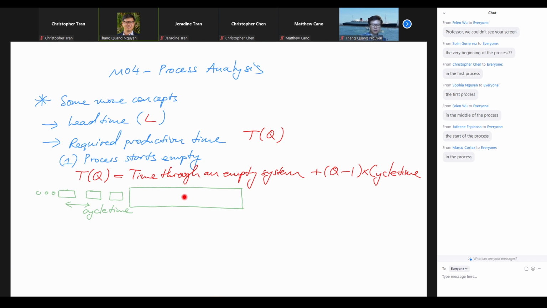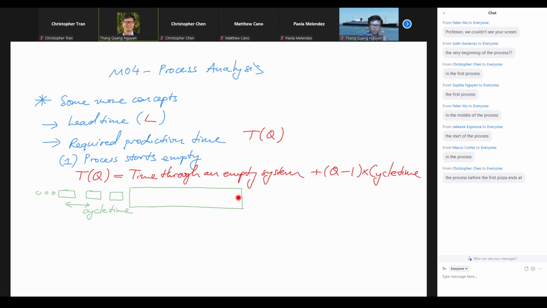On average, how long does it take for the next unit to replace the previous unit? And then the first pizza continues to go deeper inside the system. Christopher, yes, I see.